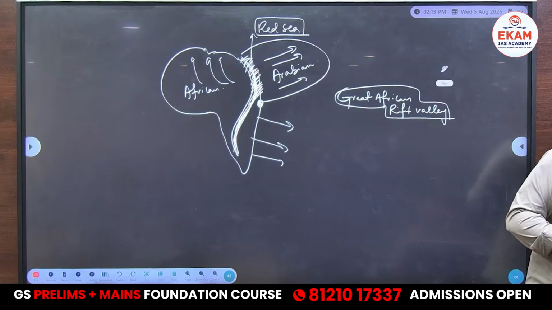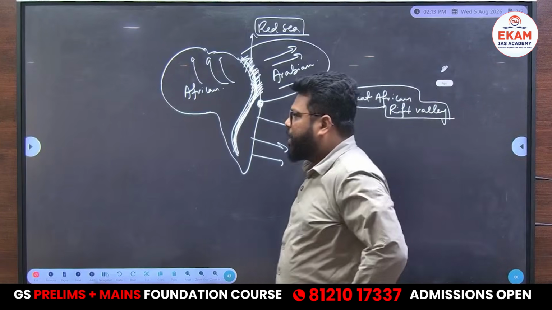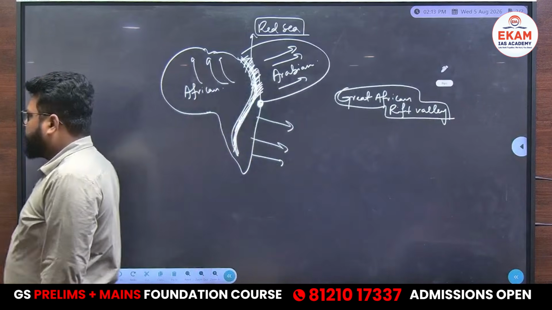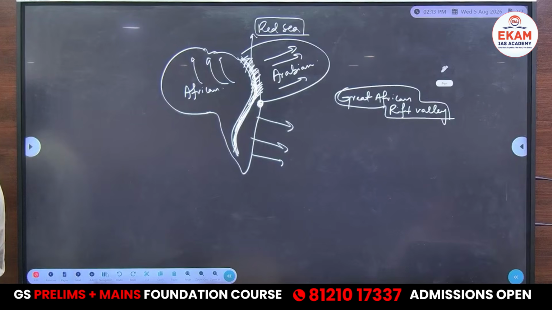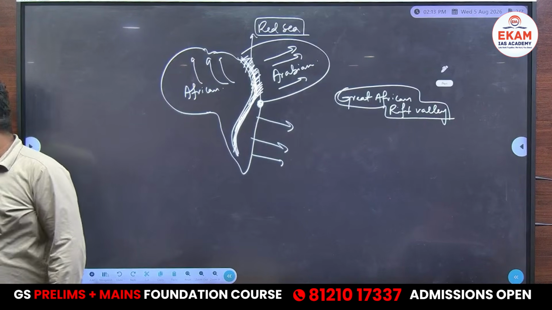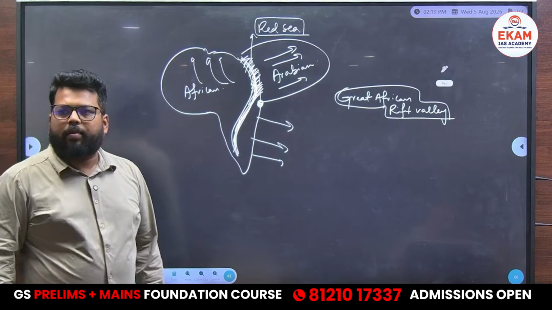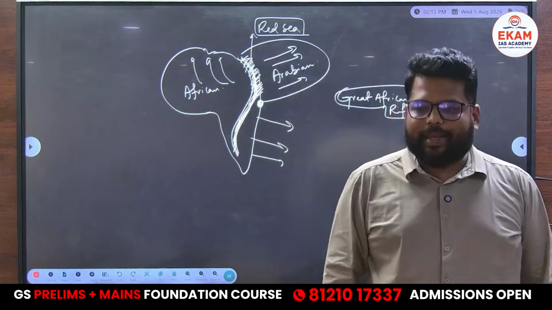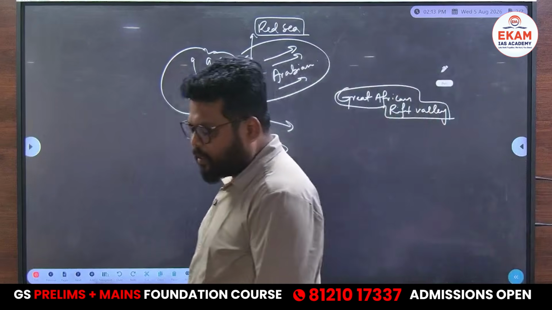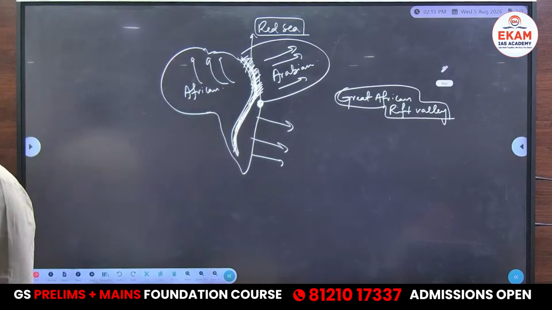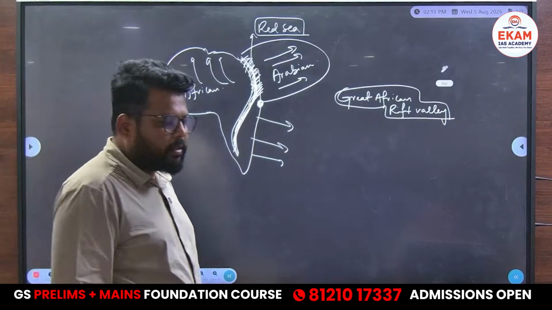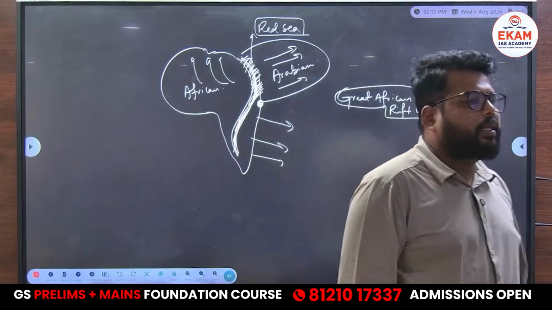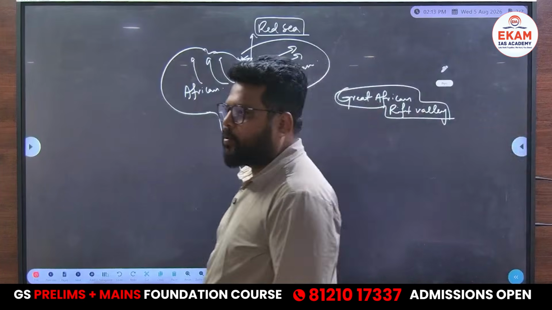Look at the African map, you will be finding rift valley lakes, Great African Rift Valley. Have you found it? Lake Albert, please do mark it. Please mark it with a pen, not a pencil. If you mark with a pencil, after 3 days when you open it, it will not be visible.